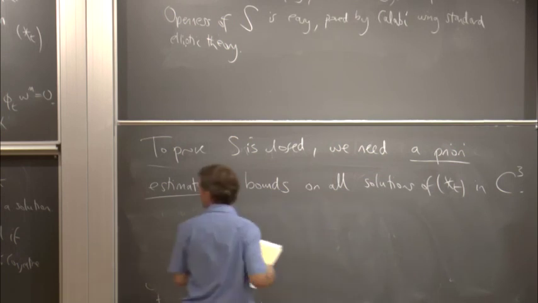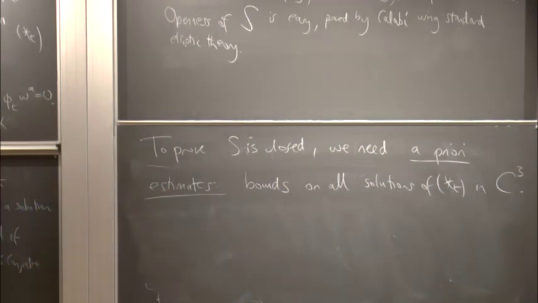So what you want is a statement that if a solution of star t exists, then the C3 norm of phi_t is less than or equal to some constant big C, depending upon the geometry of the problem, but not depending upon the choice of solution.